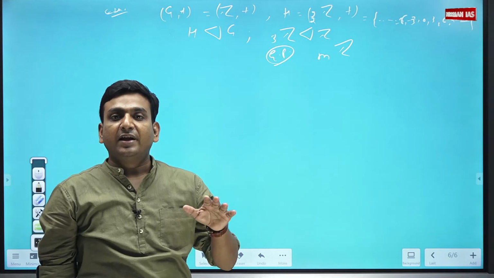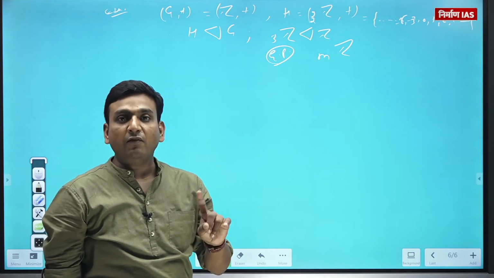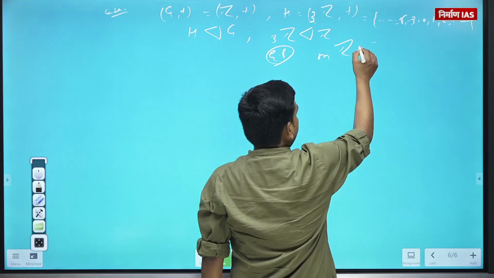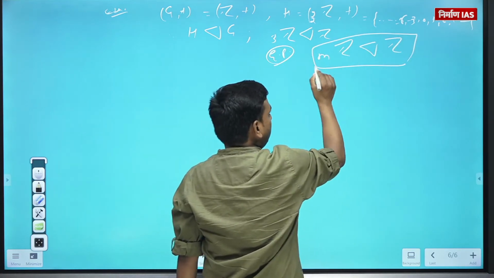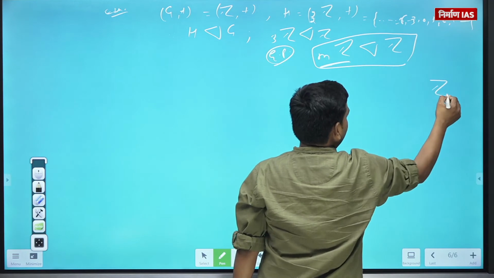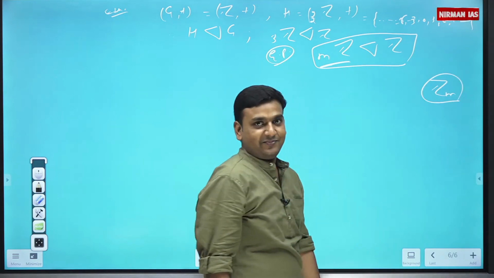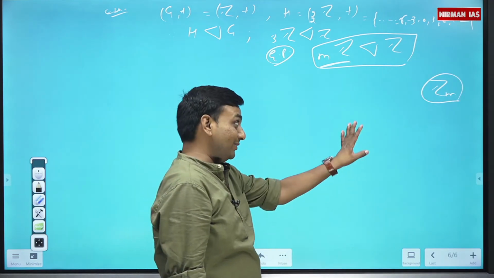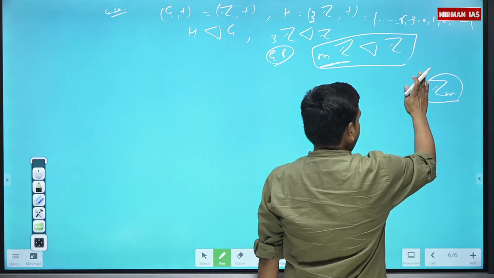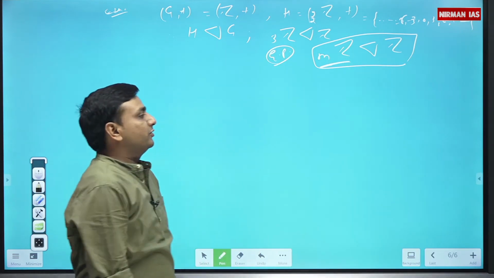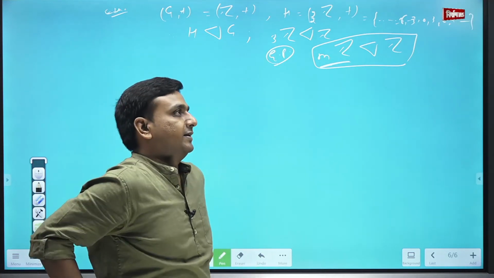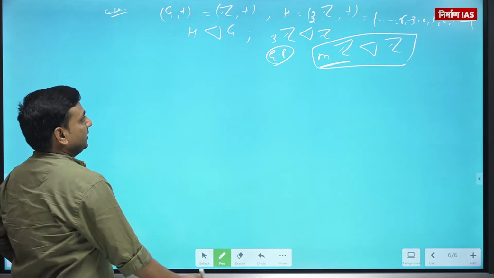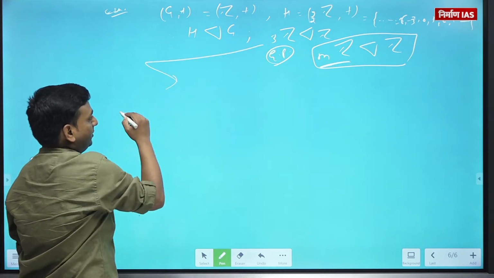MZ means integers that are multiples of M. So MZ is always a normal subgroup of Z. Don't confuse this with Zm, because that is the modulo system. Ready? So don't be confused. So MZ is always a normal subgroup of Z. Fine. Let's try to do it here.